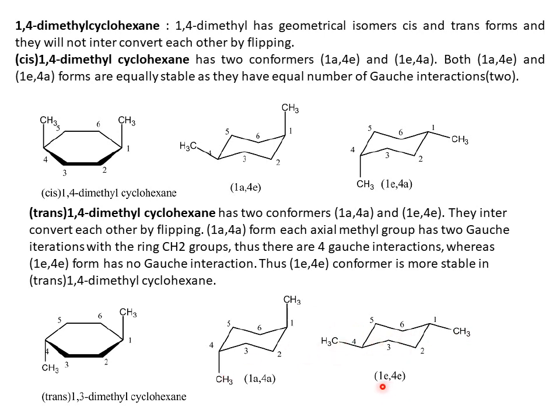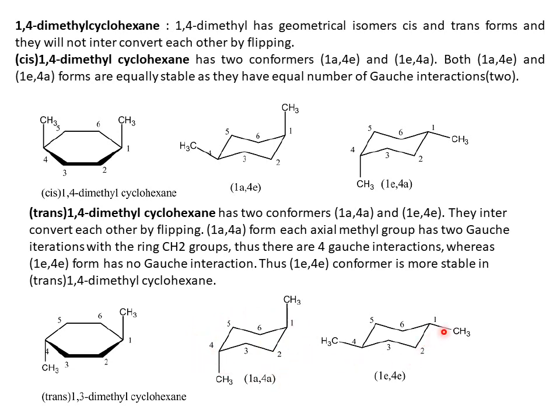So this conformer is also possible, 1E 4E. Let us evaluate the stability difference between the two conformers. Whenever there is an axial methyl group, there are two gauche interactions with the ring CH2 groups. We have already discussed this. Here there is one axial here and another axial here. There are two gauche interactions at the fourth position also. So in total there are four gauche interactions in 1A 4A.